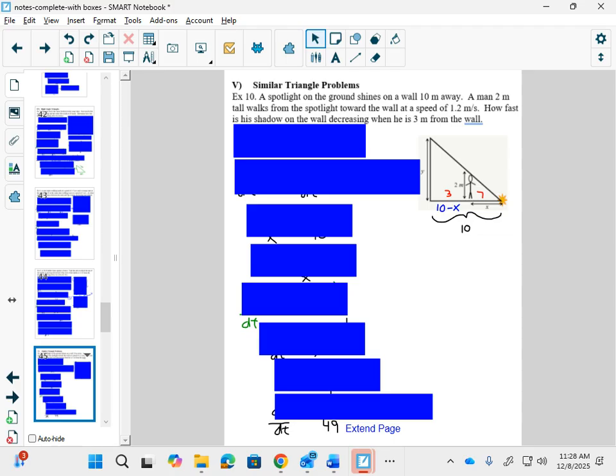And I've got a man who's 2 meters tall, perfectly exactly, because it would be a harder question if he was 1.83. So we'll keep it 2. He's walking towards the spotlight. How fast is his shadow on the wall decreasing?